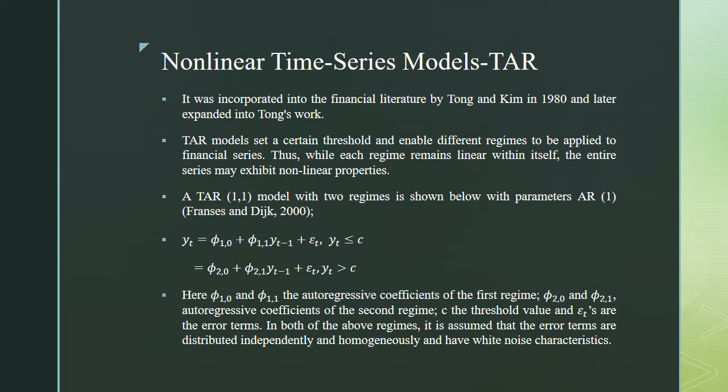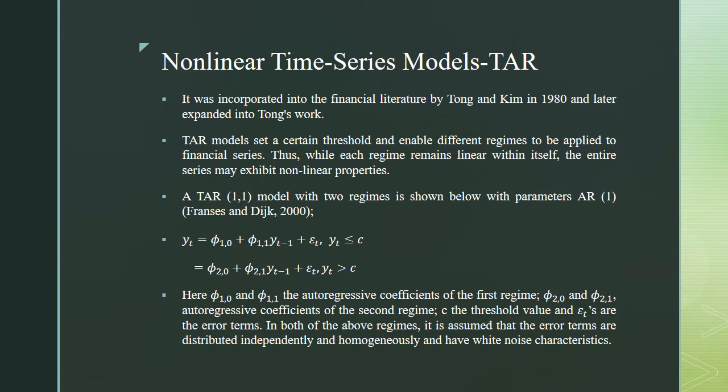It was incorporated into the financial literature by Tong and Kimin, and later expanded in Tong's work. These models set a certain threshold and enable different regimes to be applied to financial series. Thus, while each regime remains linear within itself, the entire series may exhibit nonlinear properties.